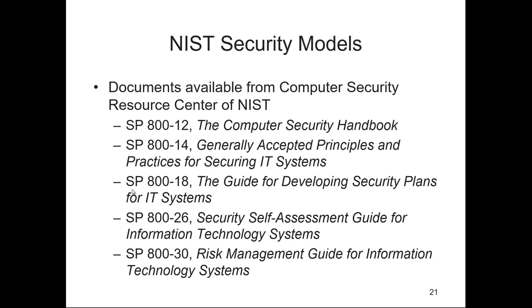NIST SP 800-12, the Computer Security Handbook, is an excellent reference and guide for the security manager or administrator in the routine management of information security. NIST SP 800-14, Generally Accepted Principles and Practices for Securing IT Systems, provides best practices and security principles that can direct the development of a security blueprint.